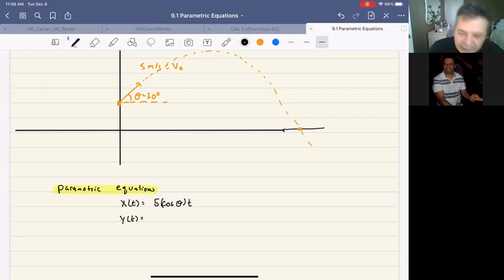Our y of t is going to be 10, that's the initial height, plus 5 sine theta times t.